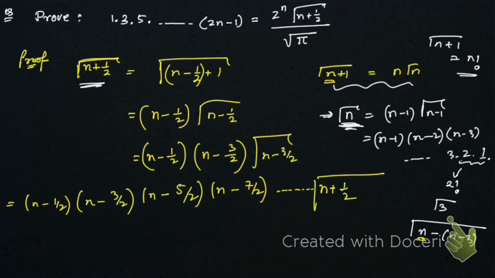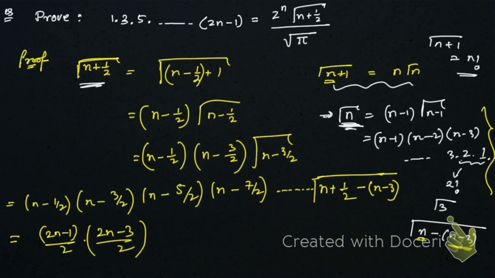Then as we have performed the same number of steps of simplification as we have done here, this n minus 3 will remain the same, n minus 3, right? Okay, so hope this point is clear to you, right? Then you can take LCM here, doing so 2n minus 1 by 2, then 2n minus 3 by 2, and so on, you're going to have here gamma 5 by 2, okay, gamma 5 by 2.